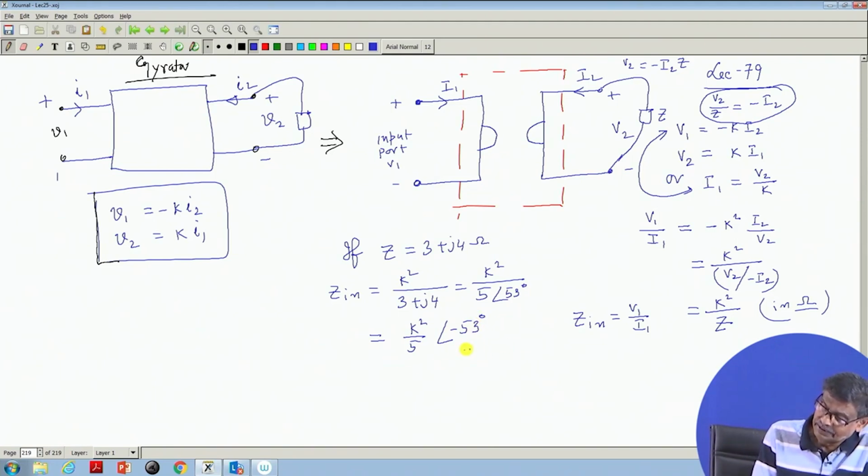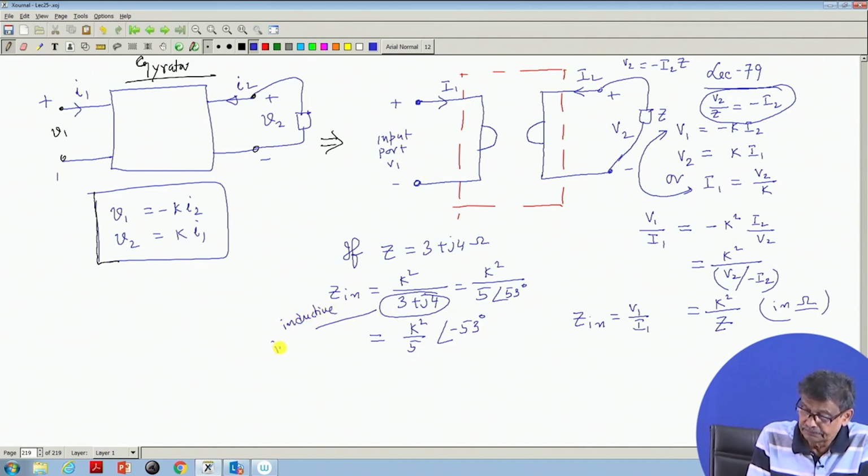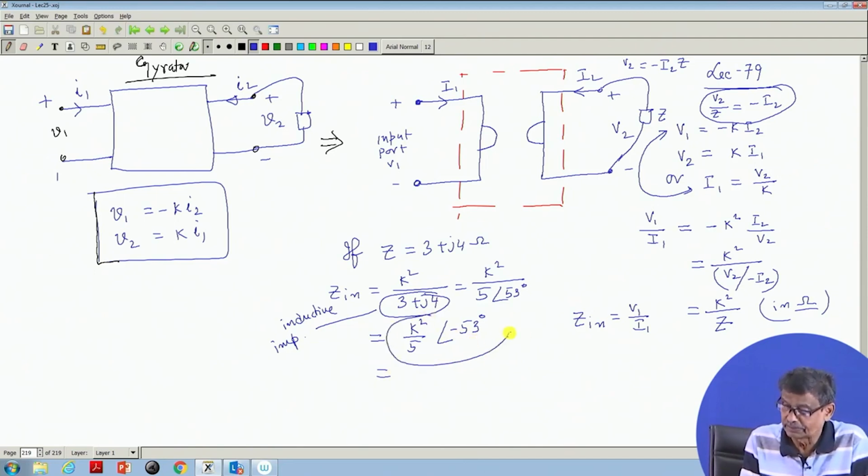Now, what is this impedance? 3 plus j4 was an inductive impedance, R and L, but this one, if you break it up, is a capacitive impedance, RC impedance.